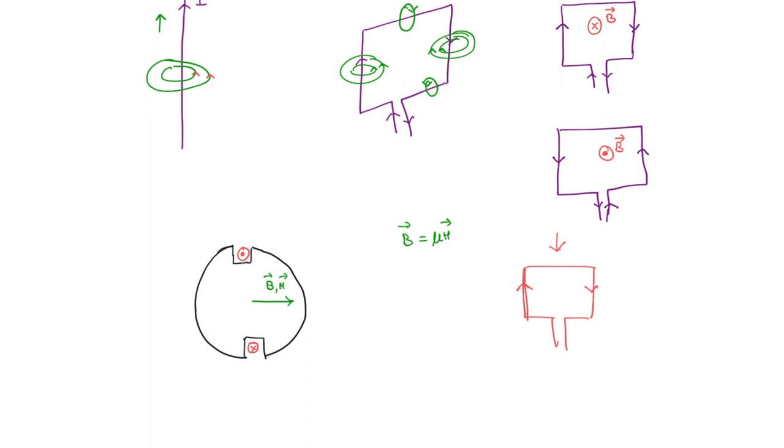If you wrap your fingers such that your right hand thumb is pointing in this direction, then your fingers will wrap around in this direction. This is the direction of current you will get. Now in order to get a rotating magnetic field RMF, we will need 3 coils.